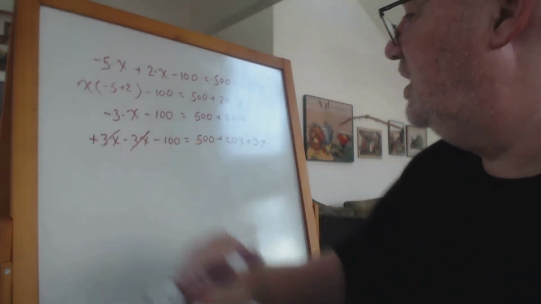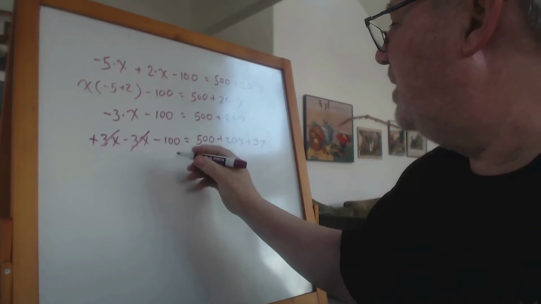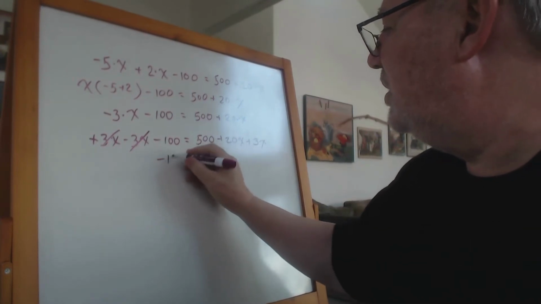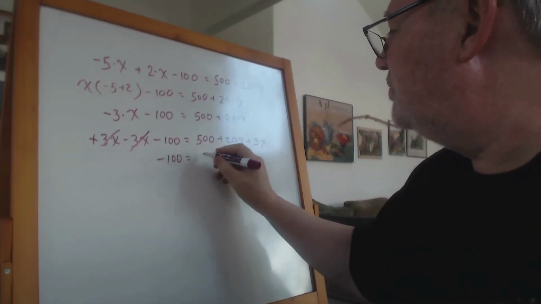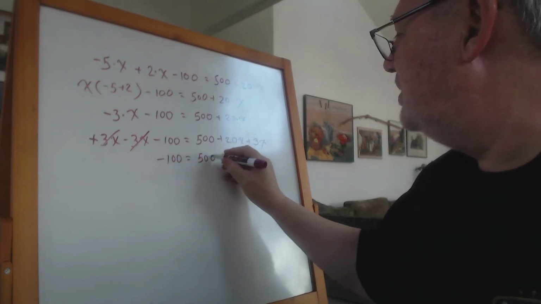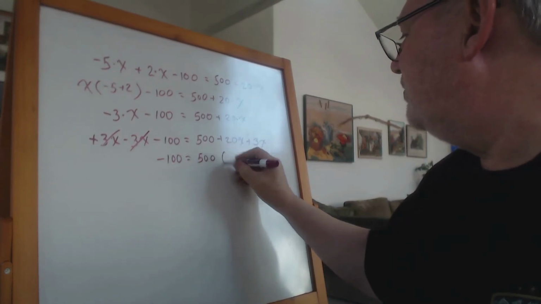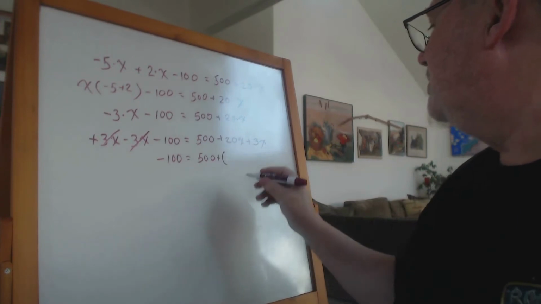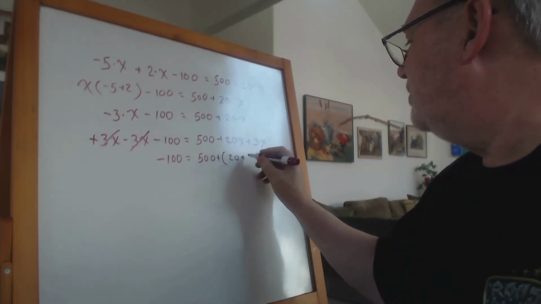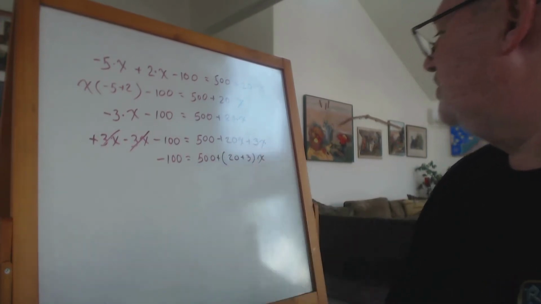These cancel. We got minus 100 equals 500. And we can factor, that's plus 20 plus 3 times x.